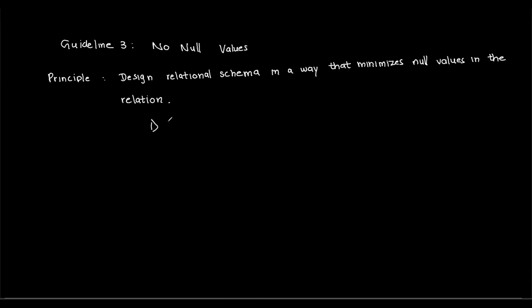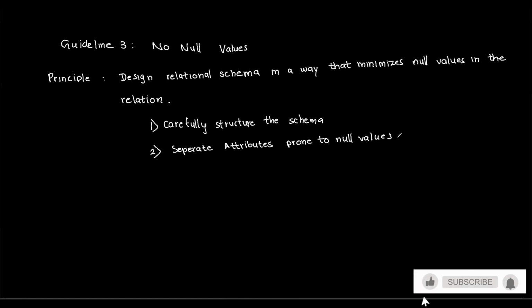We can carefully structure the schema, and we can separate attributes prone to null values. So, for example, I'll explain it. You can separate attributes prone to null values.